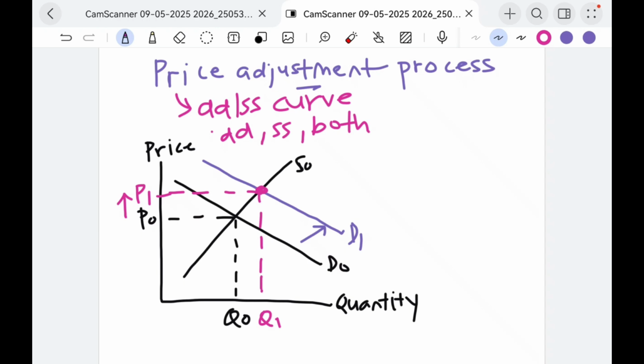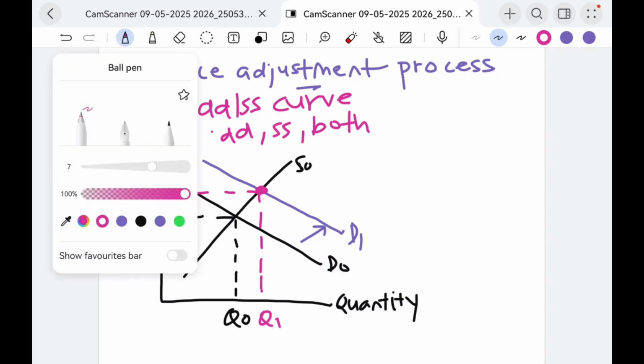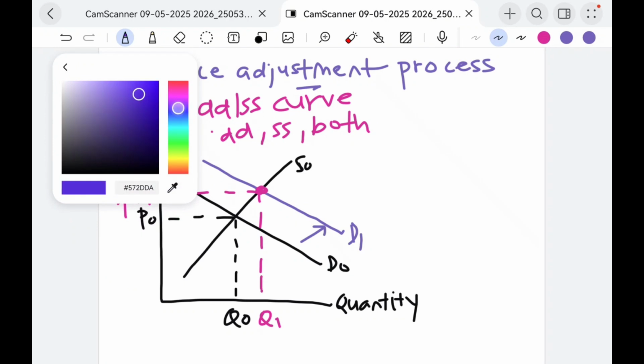However, this is not a complete answer, because you are just describing what happened on the graph, which is that the price is higher, but you need to talk about the reason why the price increased. So this is where the price adjustment process comes about, because in a way you need to explain why the price increases when there is a rightward shift of your demand curve.